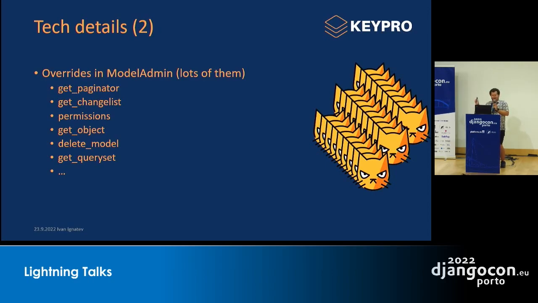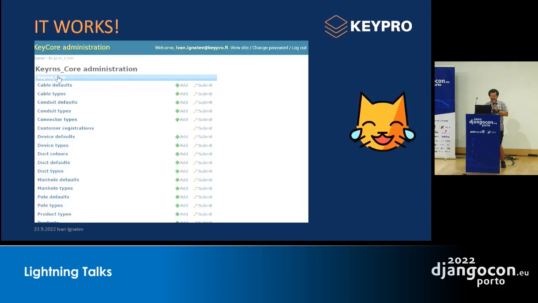And then you need to do lots of overrides in model admin. As you see, lots of code. Particularly those functions need to be overridden, but then you get something like this.